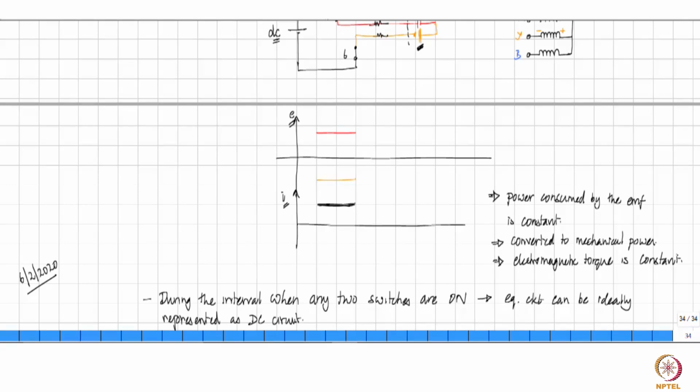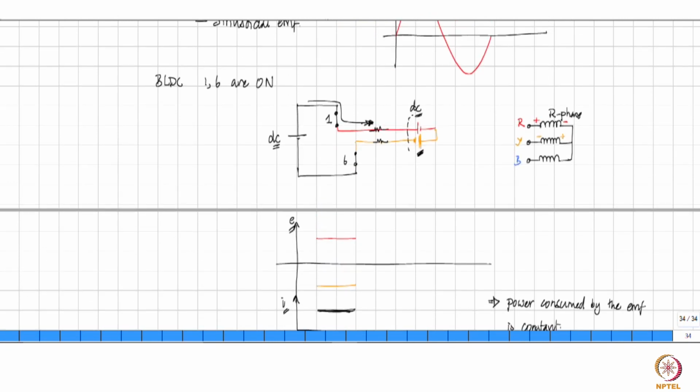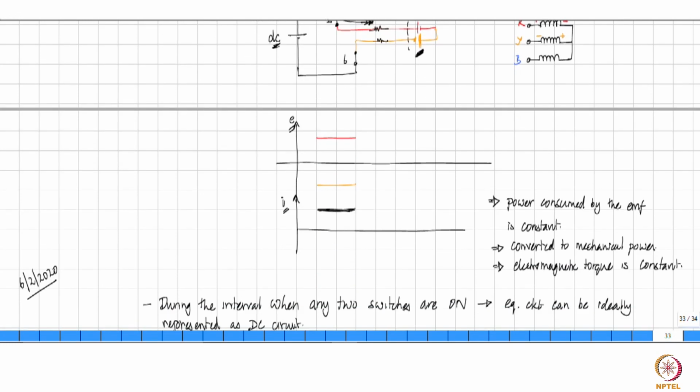This is valid in one fixed 60-degree interval where two devices are going to conduct. In the next 60 degrees, another two devices will conduct, again with the same value of induced EMF, and you have the same applied voltage.